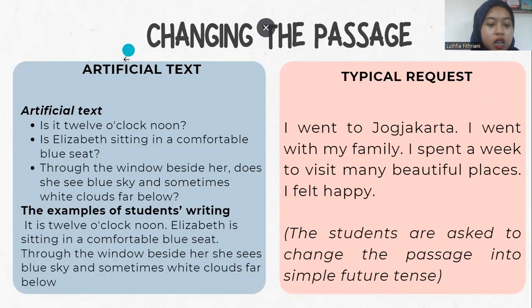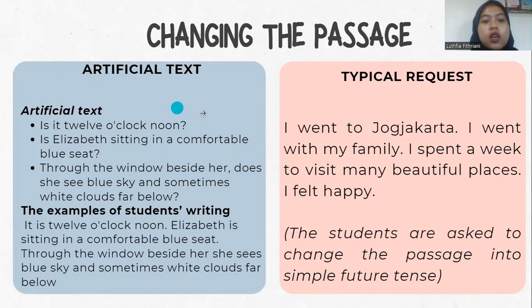Artificial task: in this type of task, the teacher will provide the student with some questions or clues that lead to the student's writing. For example, before letting the student write their passage, the teacher gives an artificial text.